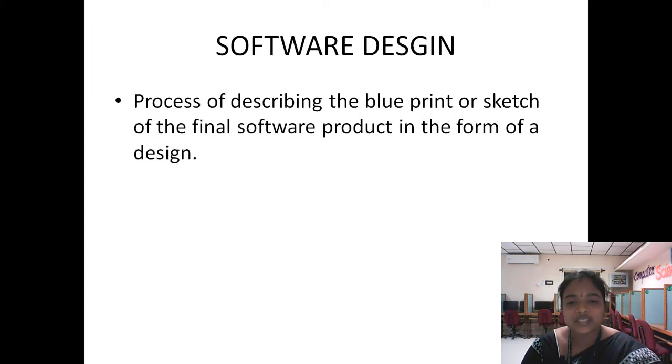Software design is a crucial phase of the software development life cycle that mainly focuses on the solution to be developed for the project. It begins once the business needs, customer requirements and technical considerations are available in the SRS document. Hence we can say that software design is a process of describing the blueprint or sketch of the final software product in the form of design.